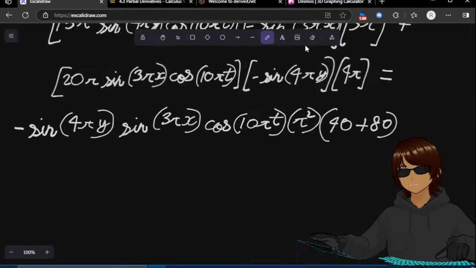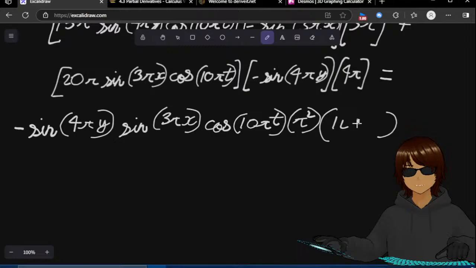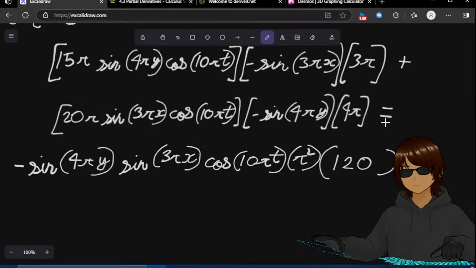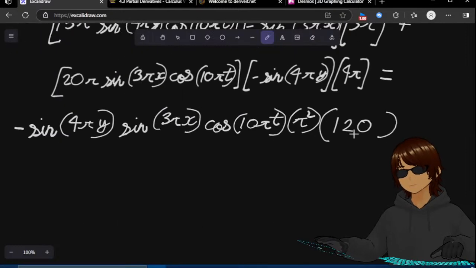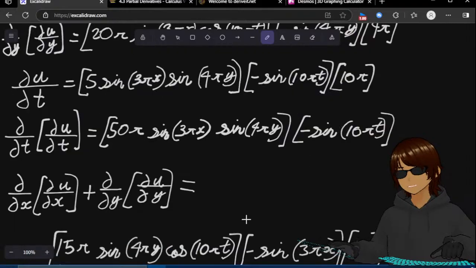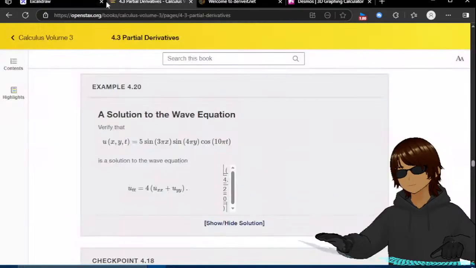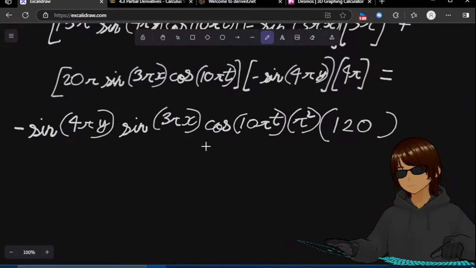But what would we be left with? 80 plus 40 is 120. Now what? If we extract 4 out, this would be 30. But this is not equal to this. I made a mistake somewhere.